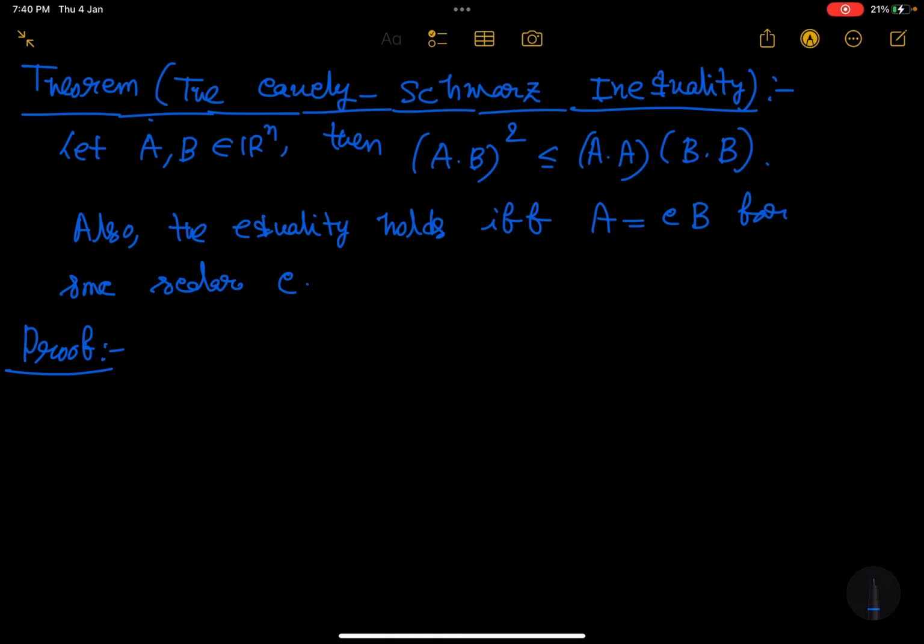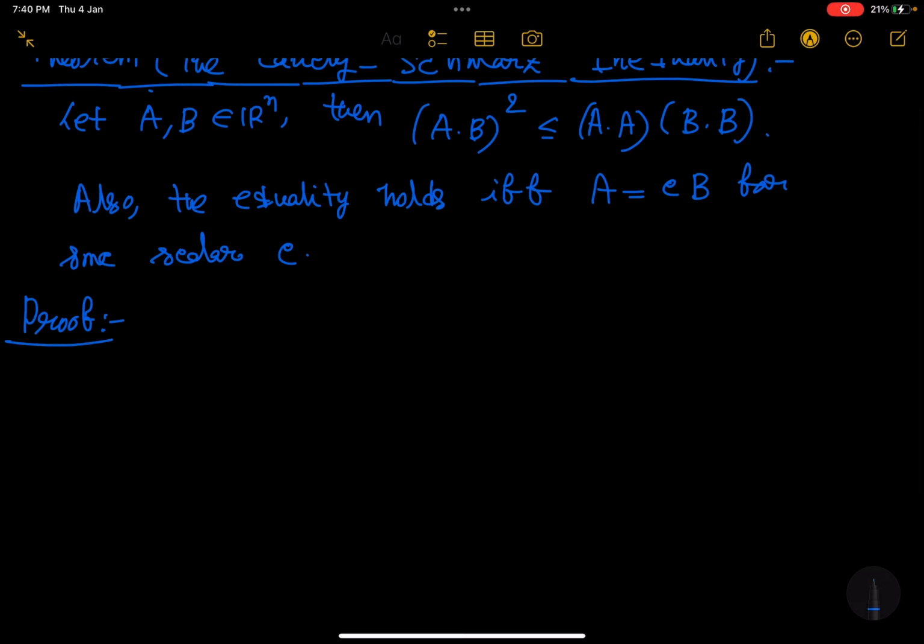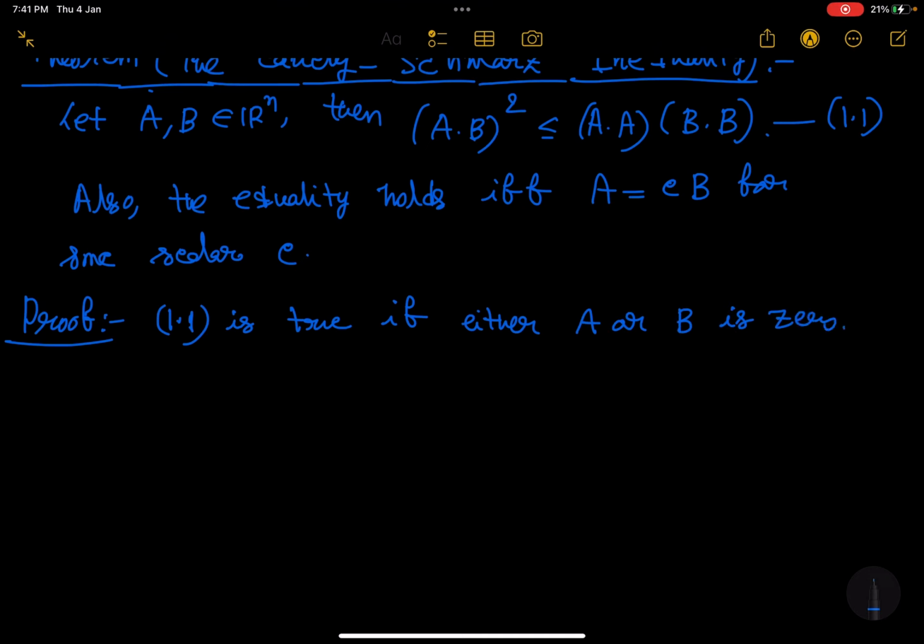To prove this, what is the inequality that we want to prove? We have (A dot B) whole square is less than or equal to A dot A multiplied with B dot B. Let's name it inequality 1.1. Observe that 1.1 is true if either A or B is 0, the null vector.